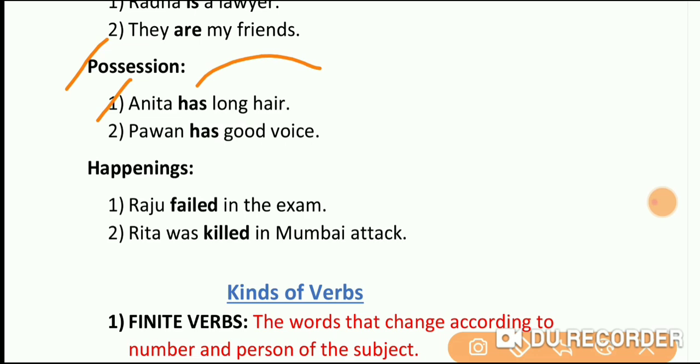Here has is a verb, and the other has is also a verb. Both of these has show the possession of Anita and Pawan. Anita has long hair. Anita possesses, Anita owns long hair. Pawan has a good voice. Both of these words are verbs which show the possessiveness of Anita and Pawan.